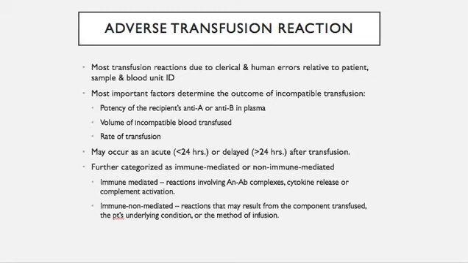The volume of the incompatible blood transfused, so how much of that blood was able to be transfused into the patient, and then the rate of transfusion. So especially in the case of emergency release, or if you have a patient who is actively bleeding, they're going to try to transfuse or infuse that blood at a faster rate. So how much were they able to get transfused into the patient, and how fast were they transfusing?